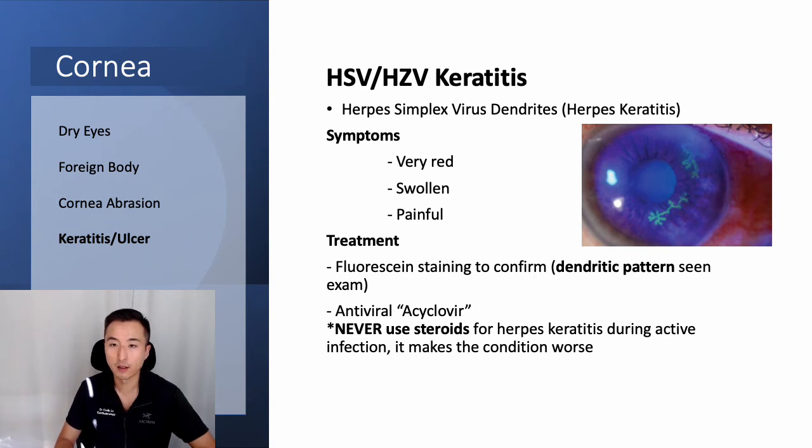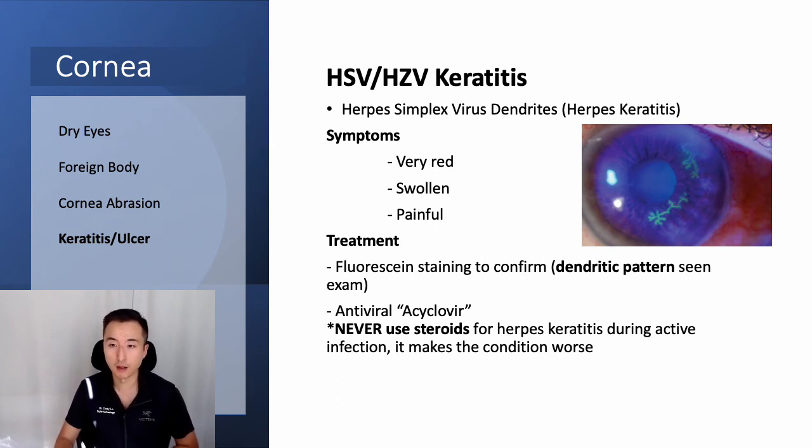You may see a pseudodendrite, or it looks like a pseudodendrite, so always have an index of suspicion to consider other diagnoses, and many times you won't see such a clear dendrite on your exam.